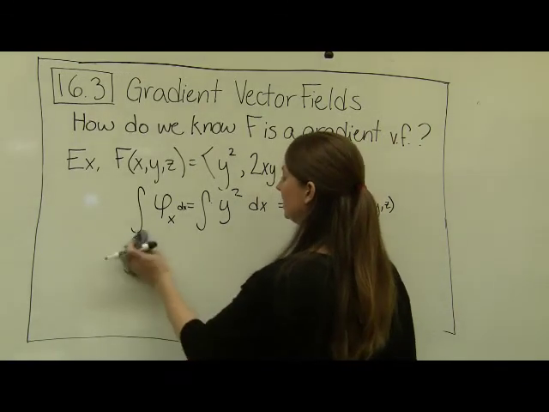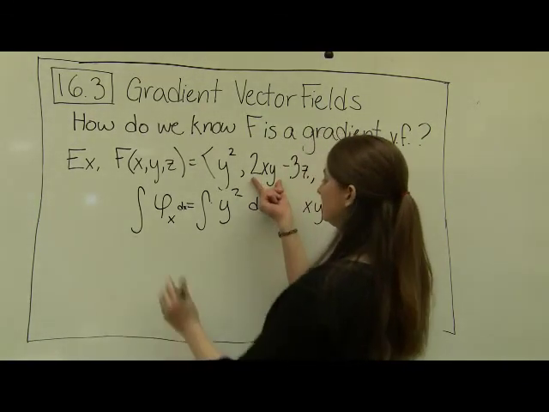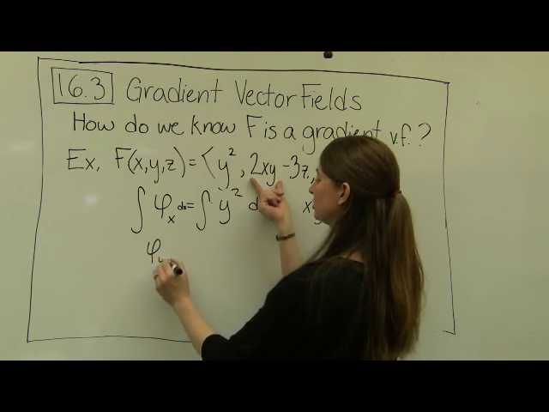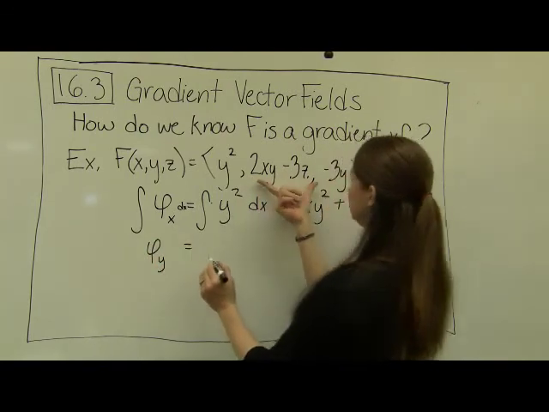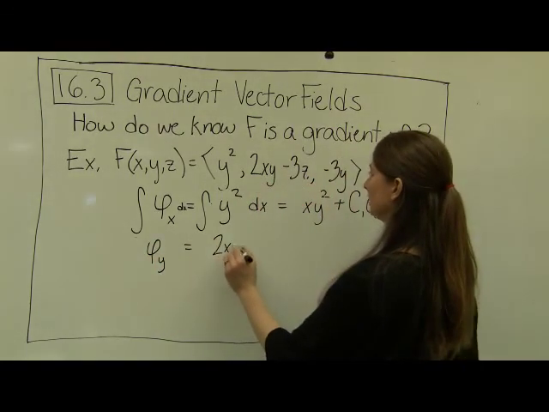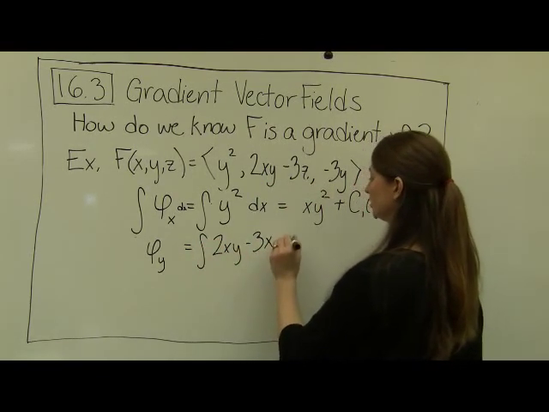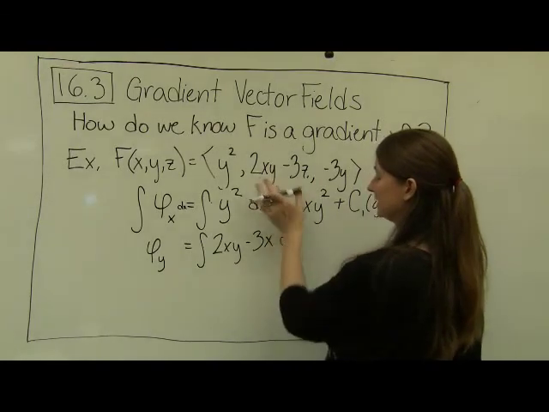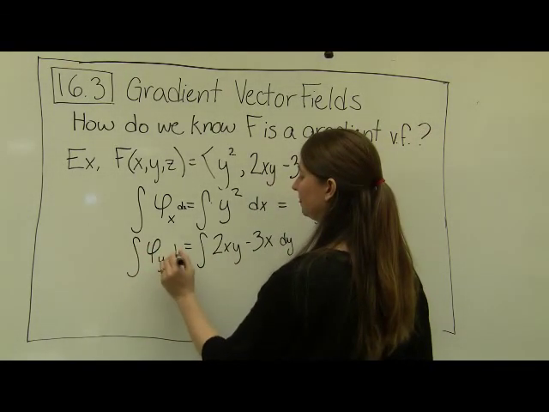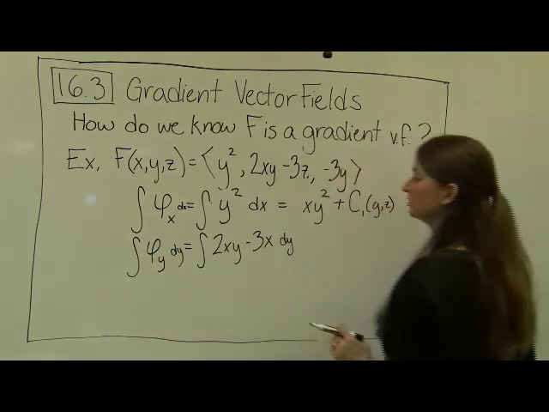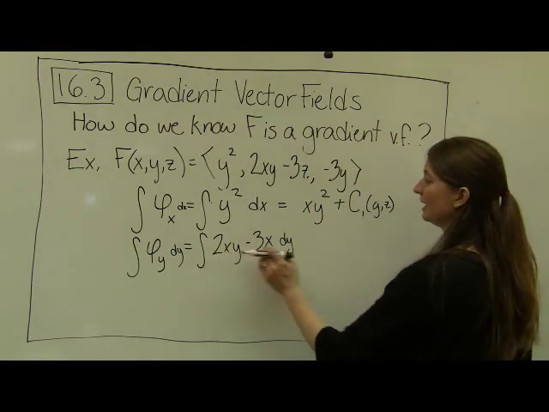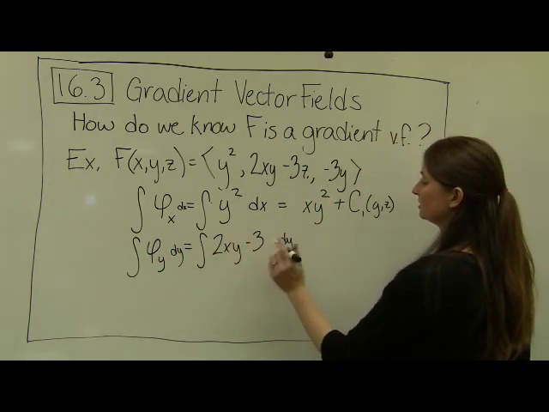Next, I know that my potential function's partial with respect to y has to be equal to this long chunk, 2xy minus 3z. And I'm going to integrate this long chunk with respect to y, because it's in the second component. Oops, this should be a z. Sorry, that was a miscopy.